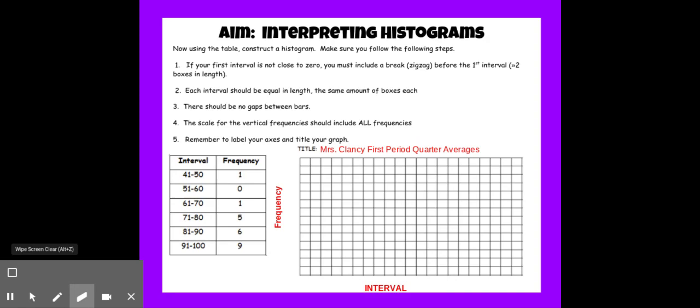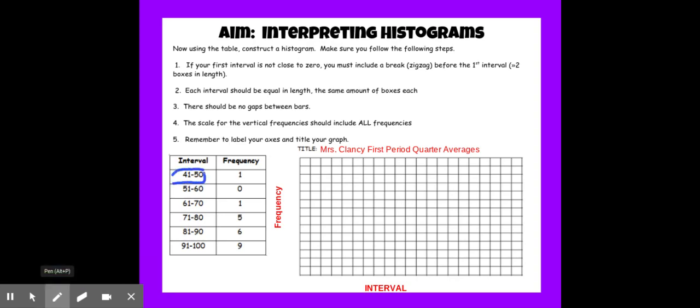Now the next thing is we're actually going to have to construct it. So first things first, I said it before, this does not start at 0. So here's where 0 is, and we're going to put a 0 there. And we're going to use a break. A break is just a little zigzag for like 2 boxes. Now the next thing is we need to span 1, 2, 3, 4, 5, 6 intervals across this many boxes.